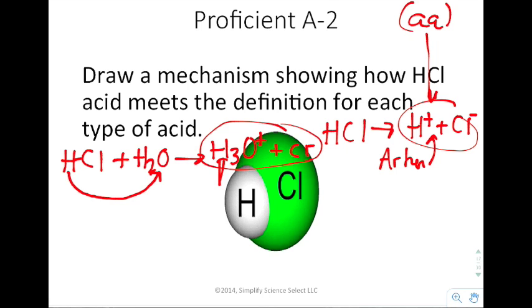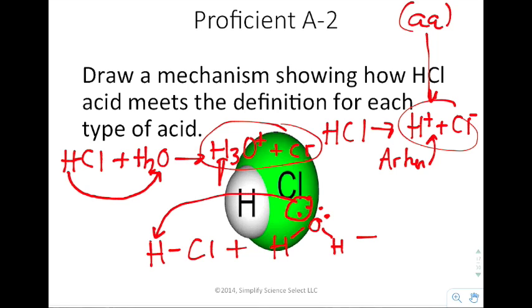Now the last one has to talk about the Lewis definition, or excuse me, the electrons. So you have HCl plus, we're going to draw it as HOH, which is water. Now remember, for a Lewis acid, it's got to accept electrons. So what can happen is these electrons right here can go to this hydrogen right here. Now remember, a hydrogen can only have 2 electrons around it. So because of that, it can take these 2 electrons and give them to chlorine.